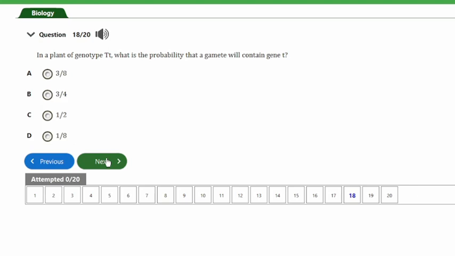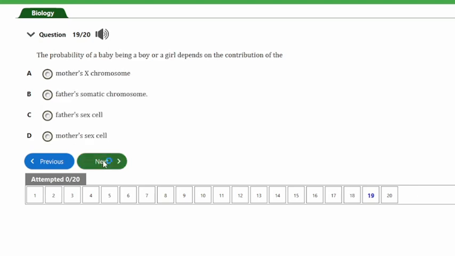We have 3 over 8, 3 over 4, 1 over 2, and 1 over 8. So the answer to this question will be 1 over 2, and that's option C. In a plant of genotype Tt, that's heterozygous, the probability that a gamete will contain small t is actually 1 over 2. So let's look at the next question, and that's question number 19.